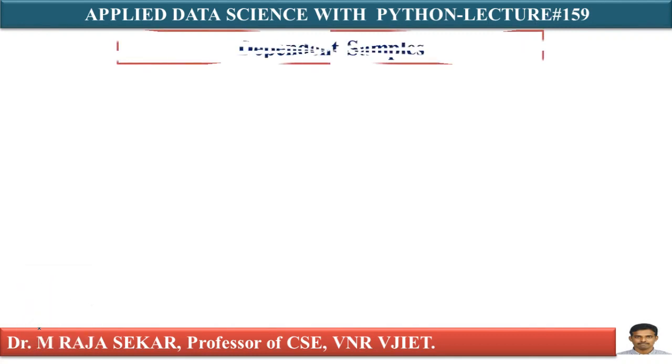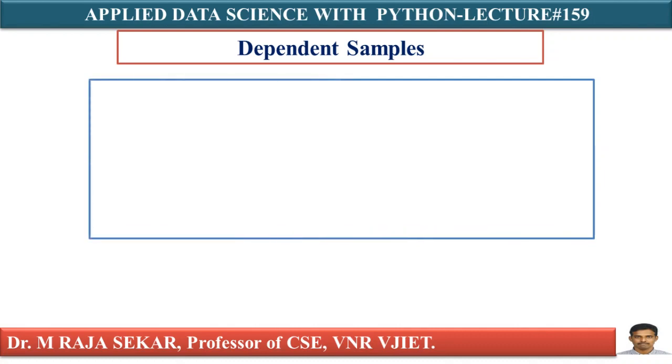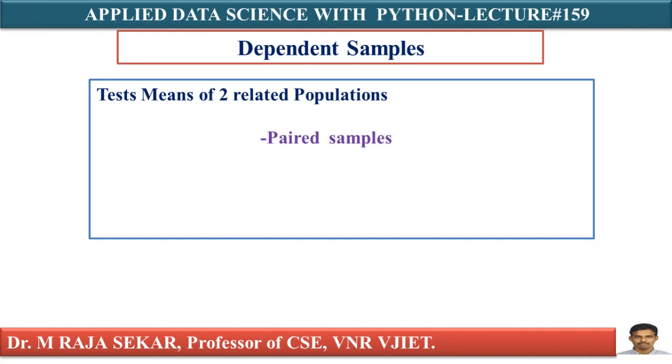In this lecture, we will try to understand another set of problems in which samples are dependent. These are dependent samples: testing the means of two related populations, that is, paired samples. Another name for this is paired or matched samples, with repeated measures before and after on the same population.